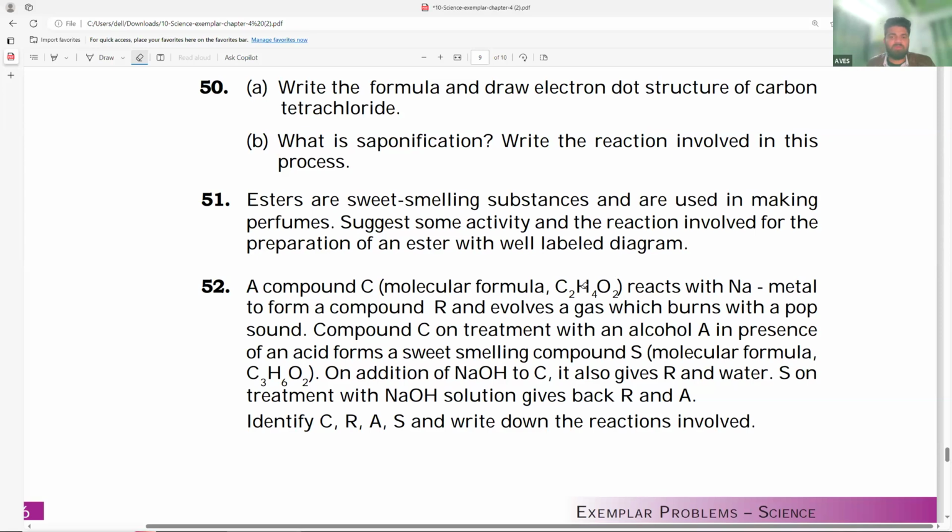So can you tell me, is there any other compound that can have this same formula? Ester. Yes, esters. The general formula for esters and carboxylic acid in compressed form is the same. You understood? Yes, sir.